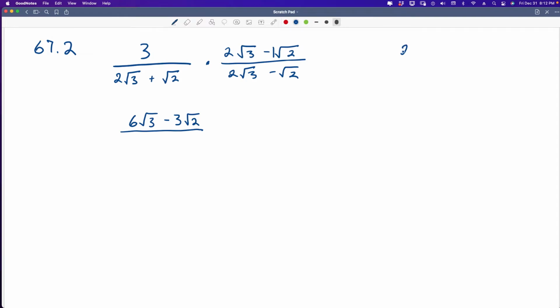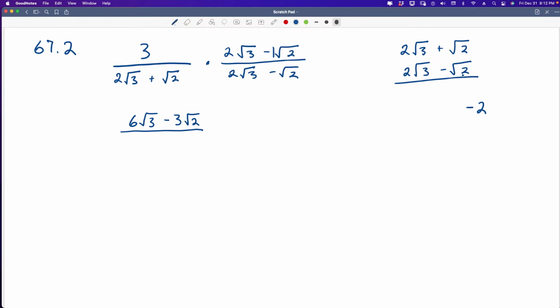So we're going to do 2 times the square root of 3 plus the square root of 2. 2 times the square root of 3 minus the square root of 2. Draw our line. Negative square root of 2 times positive square root of 2 gives us a negative 2.